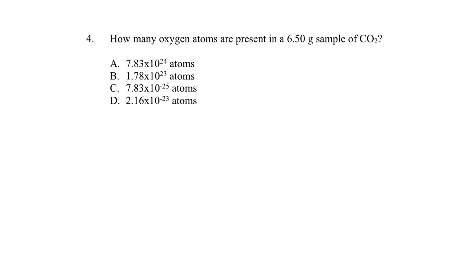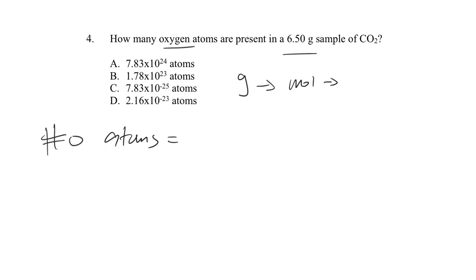And then lastly, a question using Avogadro's number, which hasn't come up yet in examples today. How many oxygen atoms are present in a certain quantity sample of something like CO2? We're going to be thinking here grams to mole to molecule to atom.